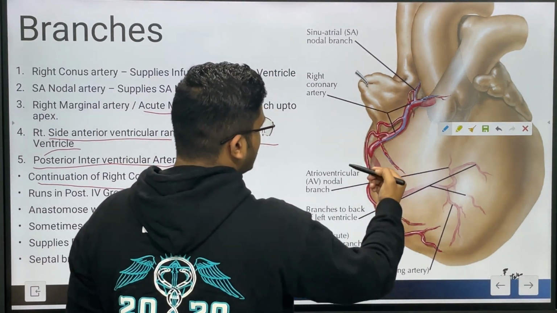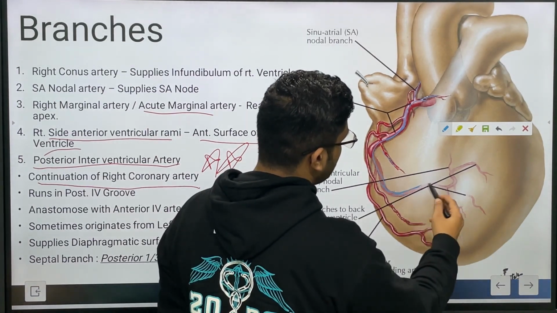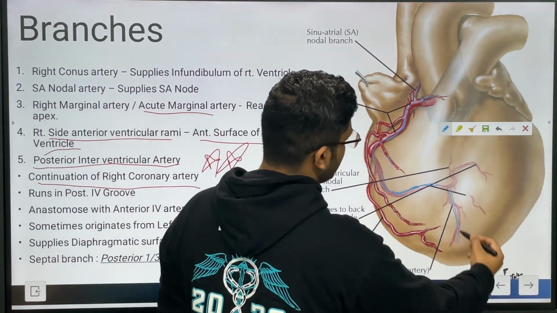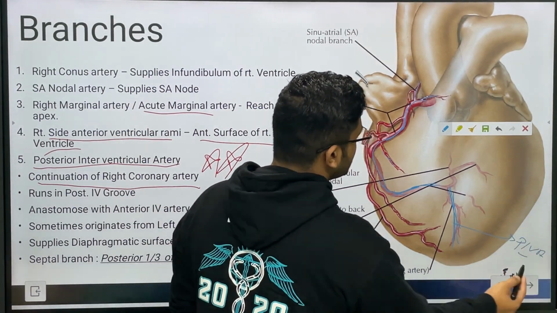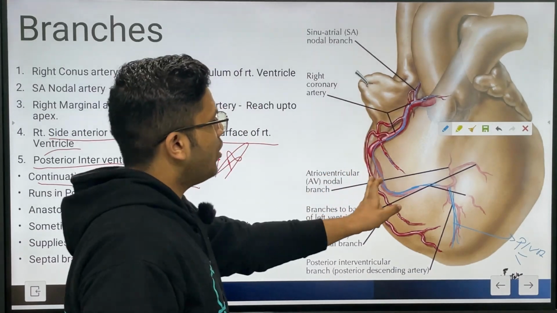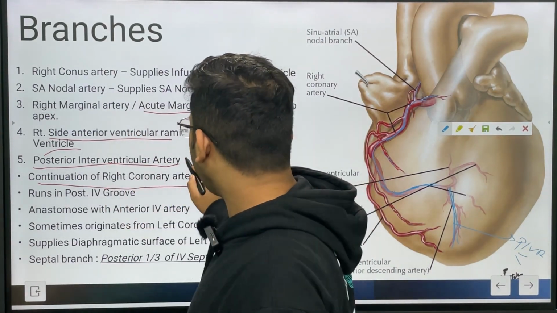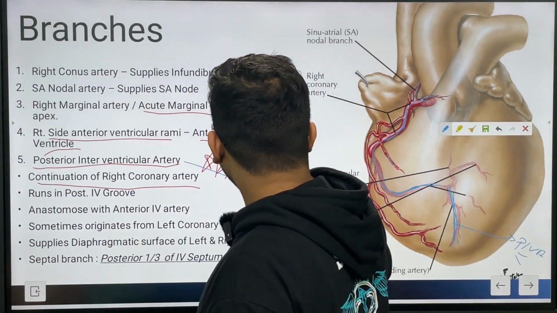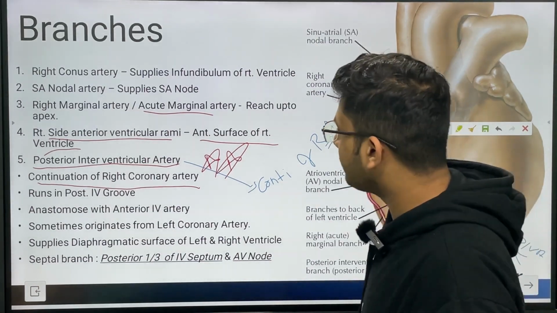So your right coronary artery continues on the posterior aspect, and finally it continues as your posterior interventricular artery. So the posterior interventricular artery is the continuation of the right coronary artery.